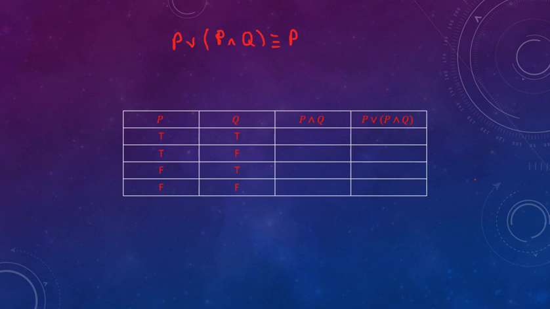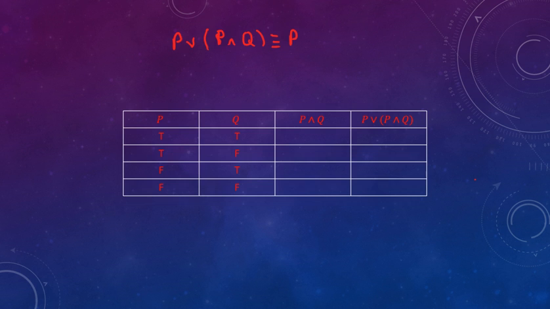Last one here, this is one of our absorption laws. But pause the video here, take a couple minutes or so, try to fill in the table on your own.